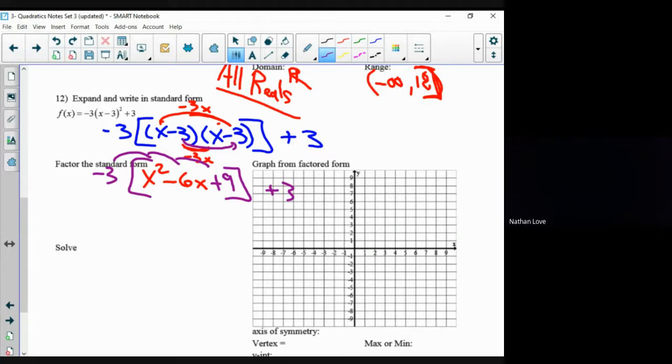And then -3 times 9 is -27 and then plus 3. And now add. We make -24. -3x squared.